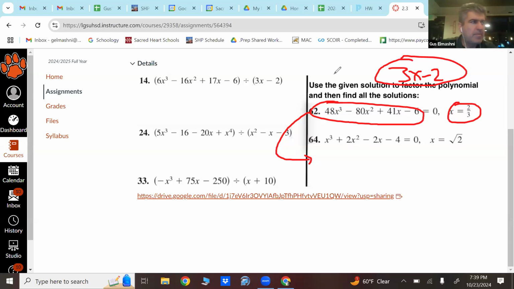You got something here? I'm almost done. 16x squared minus 16x plus 3.